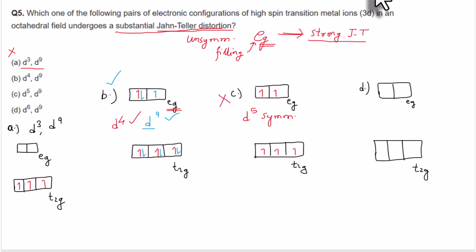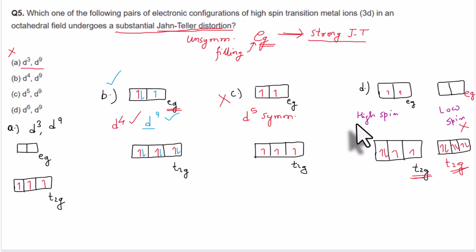Then moving on to option D. It has d6 and d9. d9 always will show strong Jahn-Teller distortion. And what about d6? So 1, 2, 3, 4, 5 and 6. So we have unsymmetrical filling in the t2g orbital.